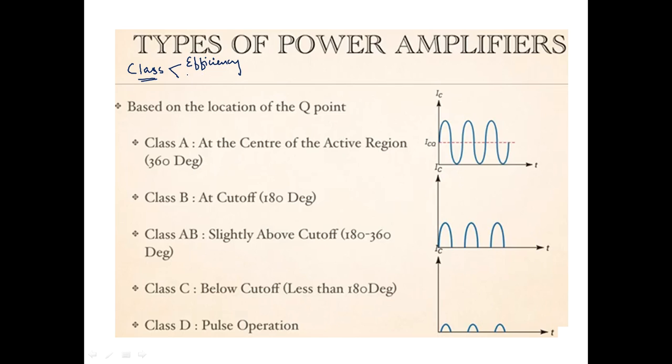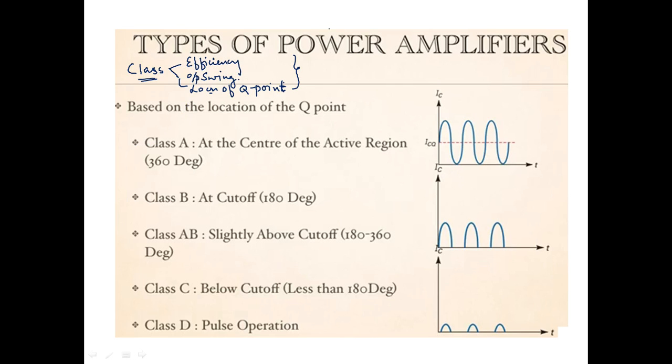Efficiency is a very important term. Then comes the output swing with respect to the input swing, and then the location of the Q point with respect to the DC biasing of that power amplifier. All these three parameters determine the class.